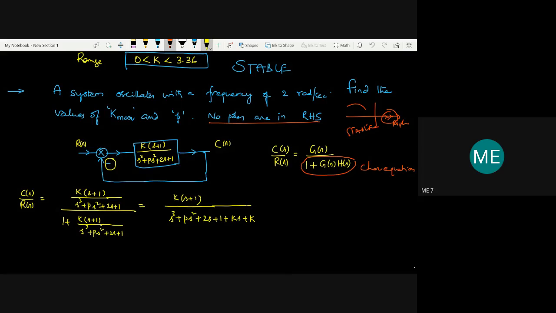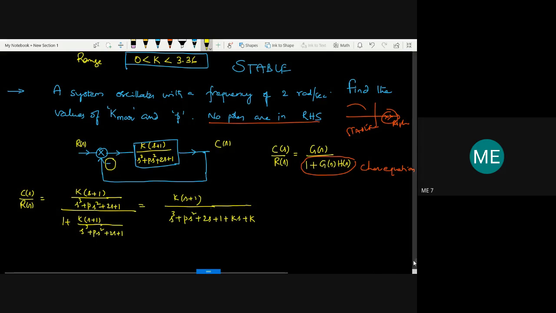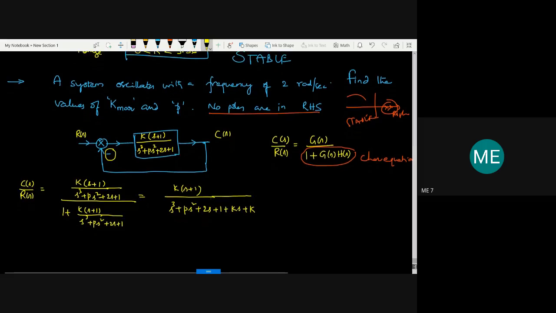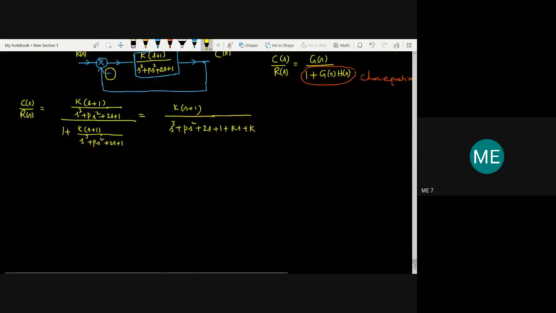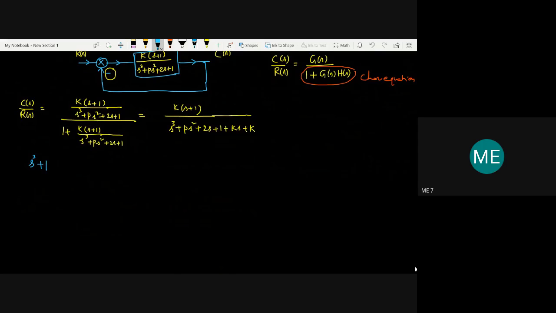So what is the characteristic equation from this? The characteristic equation, as I told, is the denominator, whatever you get, equal to 0. I'll rearrange the terms here: s cube plus ps square plus, in the s terms, there are two terms, 2s and ks, so I'll write (k plus 2) into s.